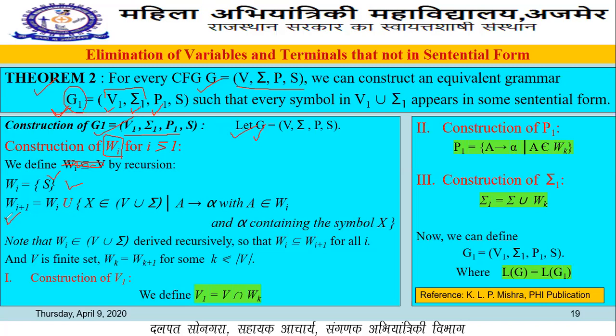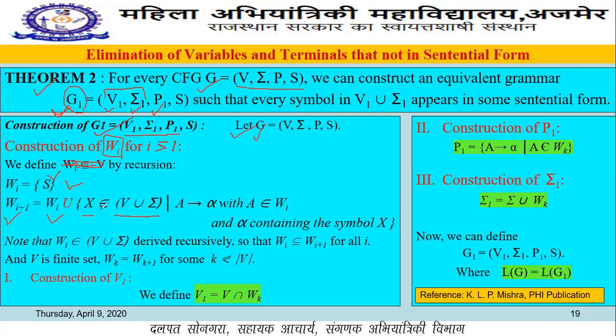First we discuss how we construct this Wi plus 1. Actually, this Wi plus 1 is the union of the previously created set Wi and the set of symbols X, and this X belongs to V union sigma, meaning X could be either a variable or a terminal.